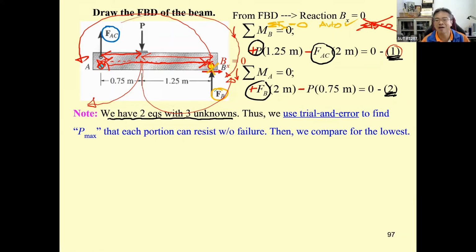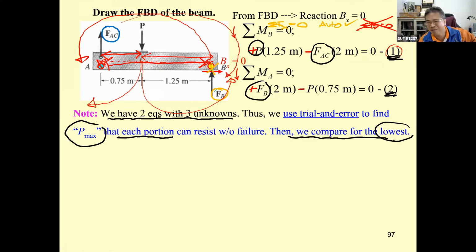By using trial and error, we are going to determine the Pmax for each case, and then we will compare for the lowest. How come we compare for the lowest? We are going to find the Pmax; I will explain that later.